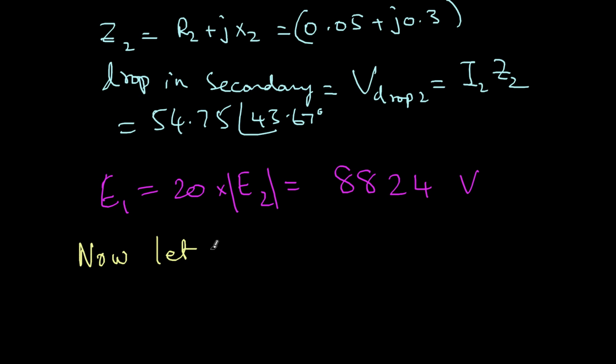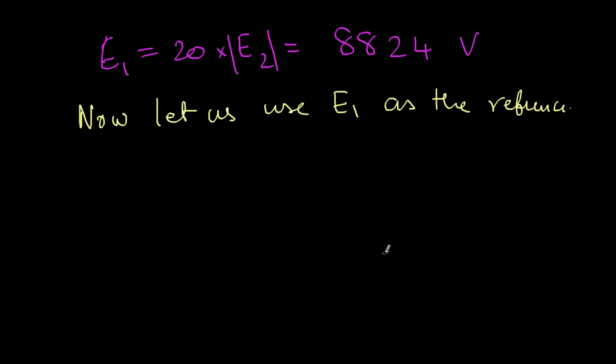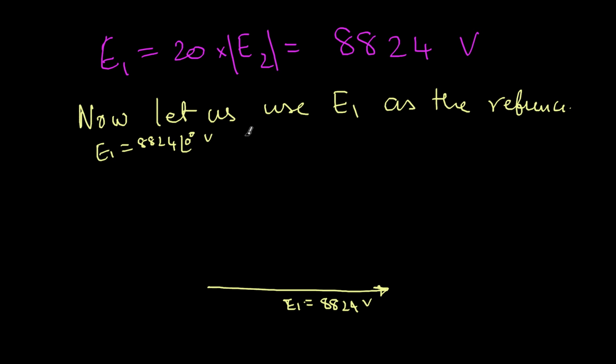Now let us use E1 as the reference. So this is my E1, 8824 volts, and the angle is 0 degrees for E1. Why am I doing this? Just to simplify our life.